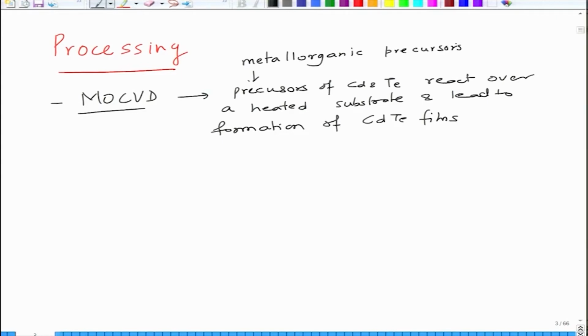For cadmium we have dimethyl cadmium, and for tellurium we use diisopropyl tellurium.